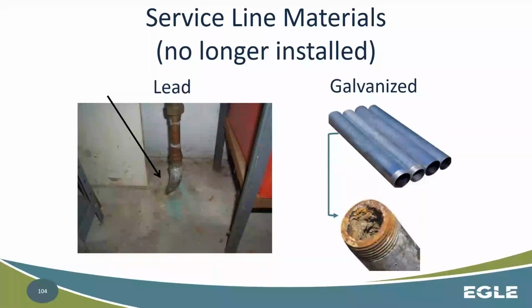Now, service line materials that are no longer installed. They might still exist in your system, but you shouldn't be installing them anymore. Obviously, lead's a big one. We're trying to get rid of all the lead as part of your lead service line replacement program. And then you also have galvanized. Galvanized is just not a great material to begin with. It's common to have heavy tuberculation, as you can see in that lower picture right there.